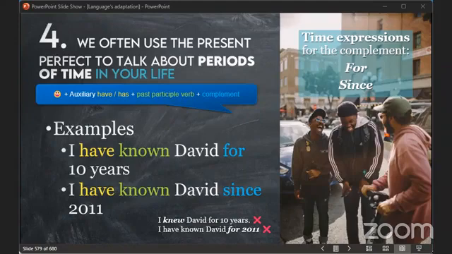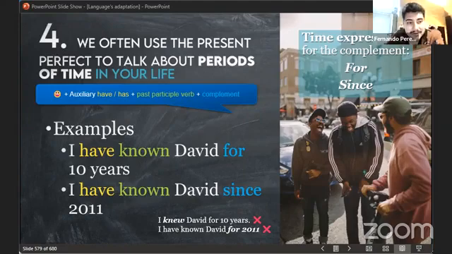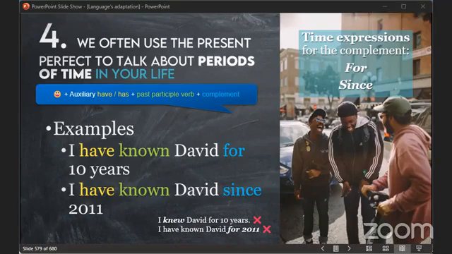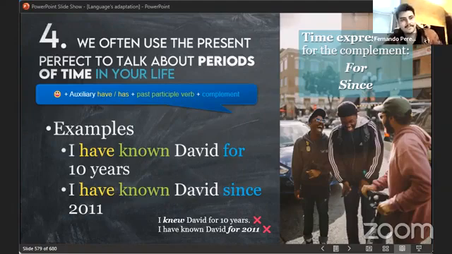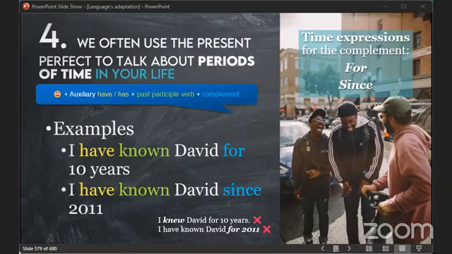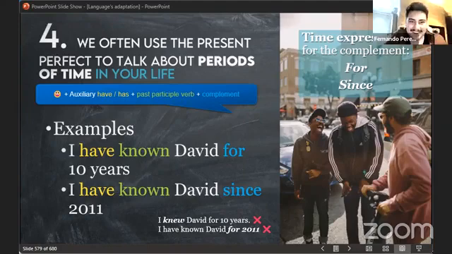I have learned... learn is regular, learnt. I have learned English for a long time. For a long time. Very good. That's a good one. Very nice example.